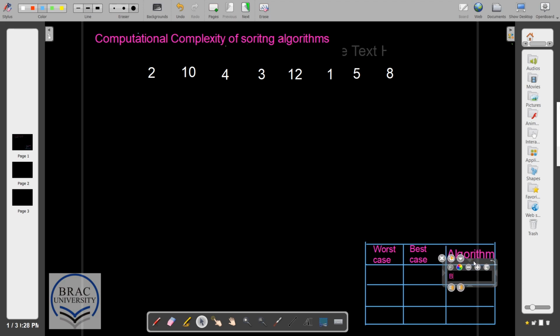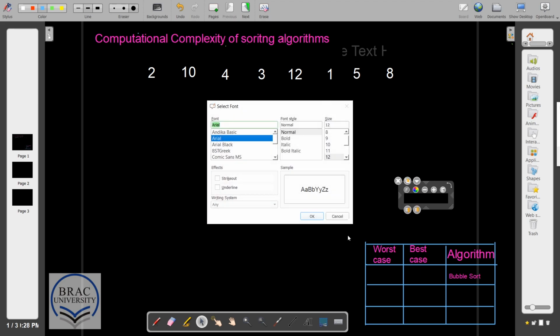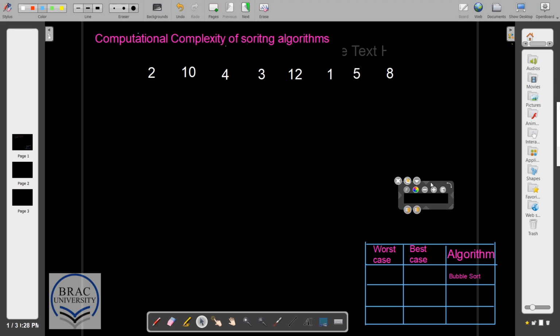The algorithm is bubble sort, and the best case complexity is the same, and it is also the worst case for bubble sort.